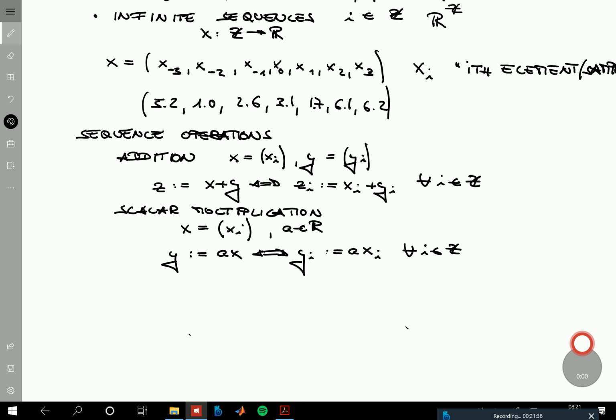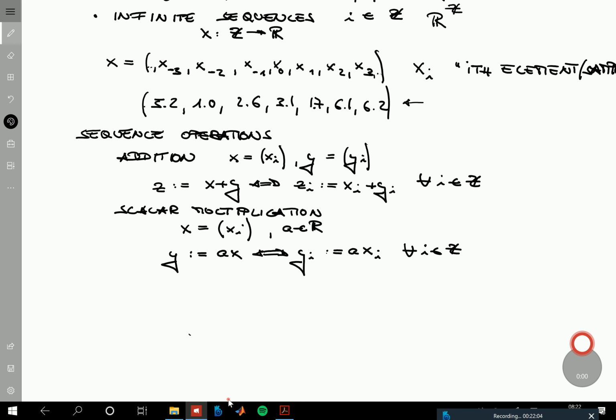So for example, if you think about this sequence here, which is of course again a finite sequence, actually we can make it infinite if you want, by not talking about everything that happens outside here, or setting this to 0. So if we say x from -4 to minus infinity and x from 4 to plus infinity are all zeros, then we have just created an infinite sequence.